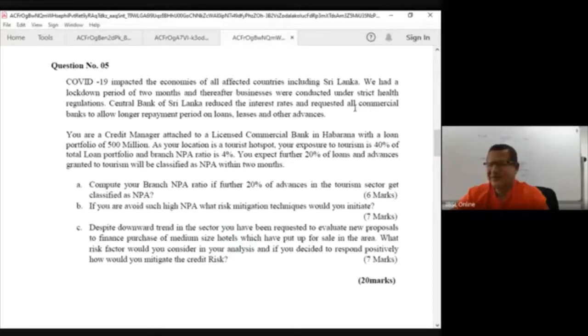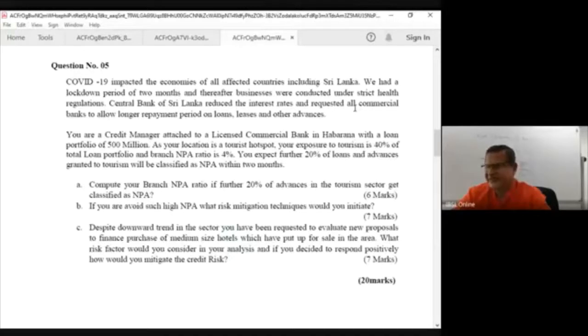So you have funded about 40% of your funds for the tourist sector. Now you have been hit, and as a result, your NPA has gone up from 4% to 24% because of the epidemic which has affected the particular industry.